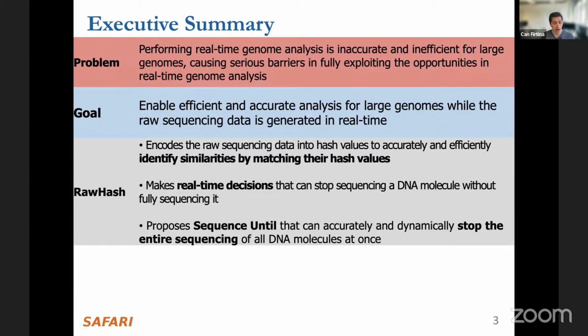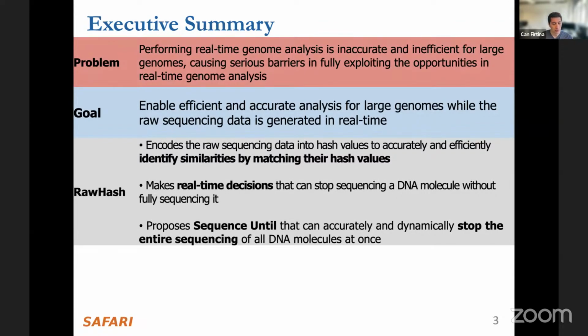And after matching the signals to each other, it can also make real-time decisions that can stop the sequencing of a DNA molecule without fully sequencing it, which is significantly useful for utilizing the flow cells or the nanopores that are usually used in nanopore sequencing fully, so that we can avoid sequencing useless reads.